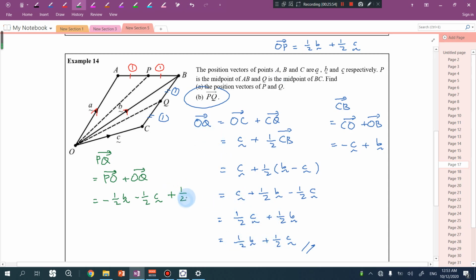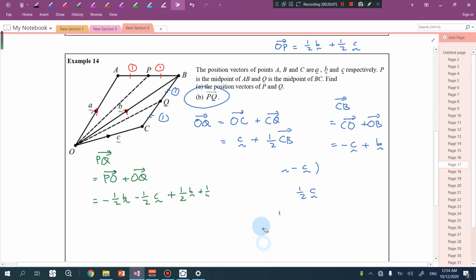So 1 over 2b plus 1 over 2c. Let me erase this one first. Let me write again. 1 over 2b plus 1 over 2c, right?